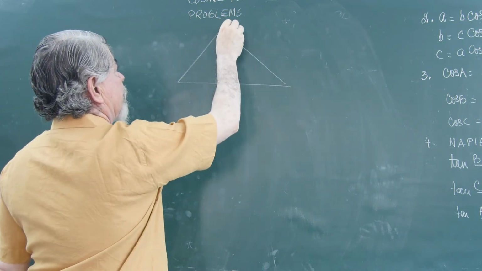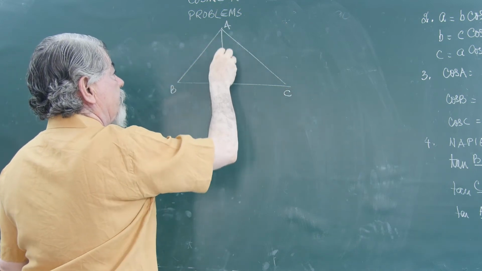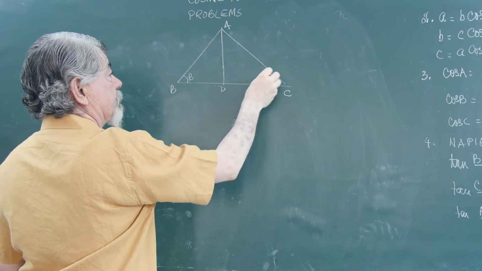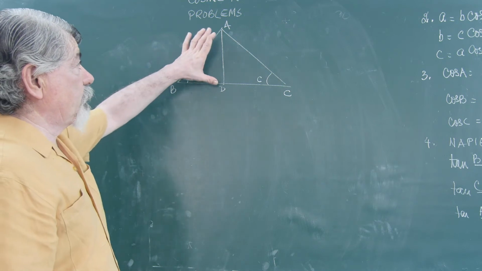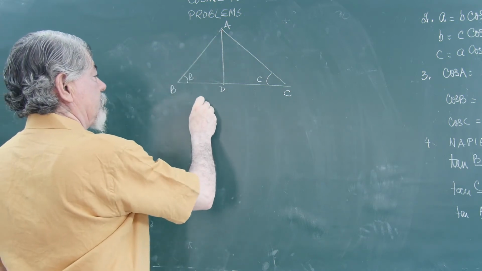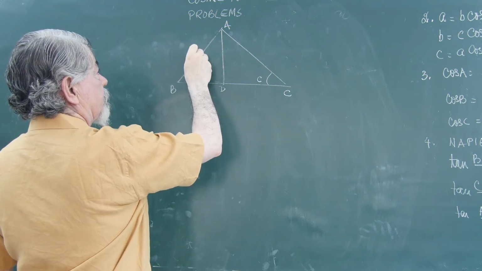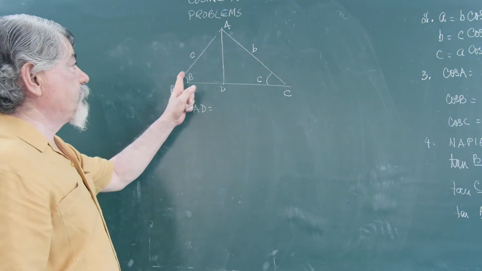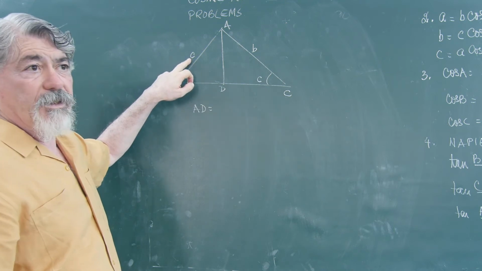if this is triangle ABC and I drop a perpendicular from here to here, suppose it is D, this is angle B, this is angle C. This is c, this is b. Just opposite to angle B is side b, opposite to angle C is small c.